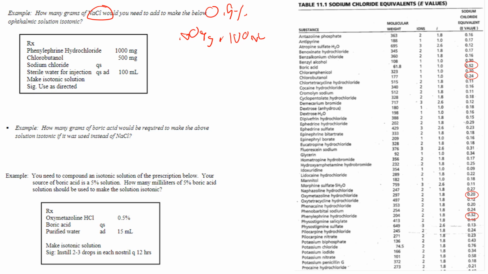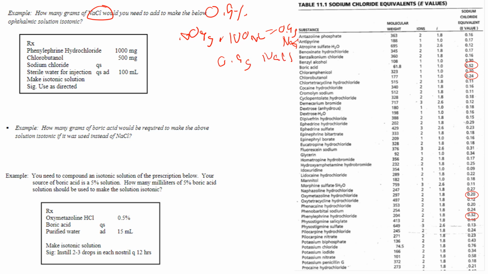I probably don't need to plug this into my calculator, but I'm so paranoid about checking it. Yeah, it's 0.9. I don't even know why I bothered to do that. We get that we need 0.9 grams of sodium. So what we do is 0.9, right?